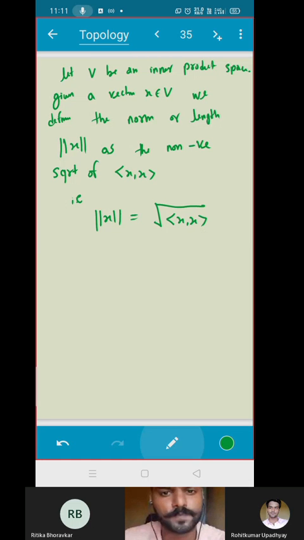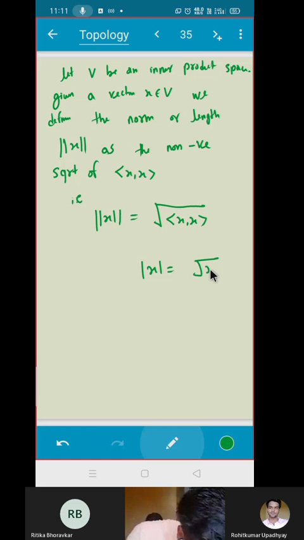Yeah. So in the case of real numbers, if you take the dot product, what do you think? For R, if you take multiplication, then this norm will be the same as mod, and you already know that mod x is the same as square root of x square. Do you agree? Yes, sir.